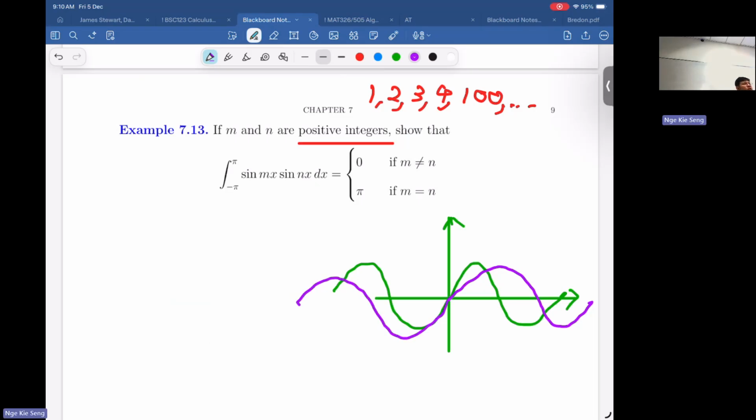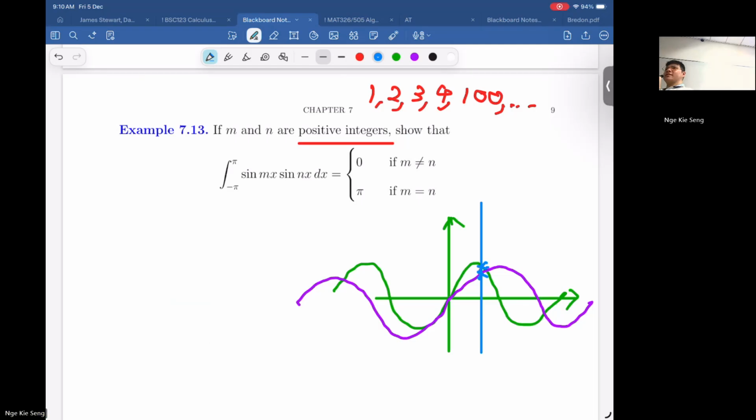So you take the product of these two functions. So what does it mean by products? Basically you just slice it in one line and then take the product, multiplying the two y values together, right? So this is your new function. After you multiply, it becomes a new function.